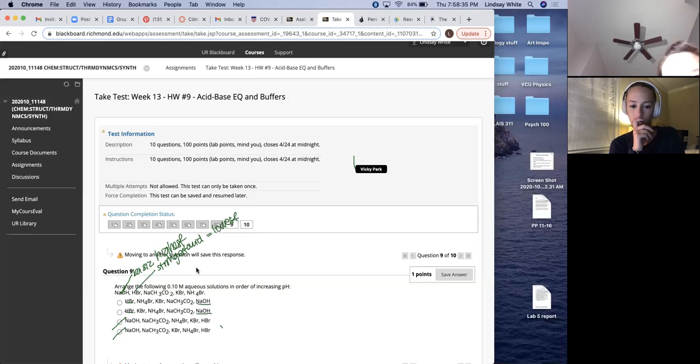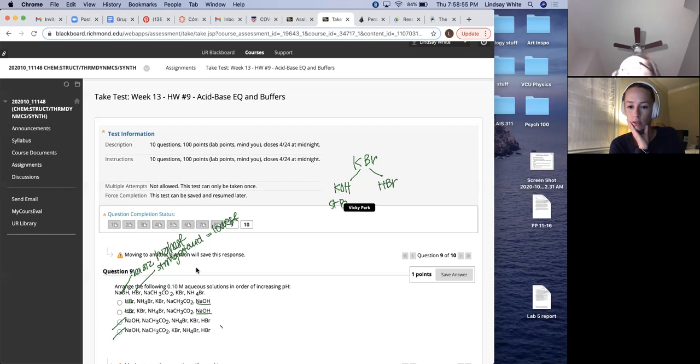Now, can you see KBr? Mhm. Okay, KBr we have KOH and then HBr. It splits into those two, right? Mhm. KOH, is that a strong or weak base? It's a strong base. Good. What about HBr? It's a strong acid. Good.